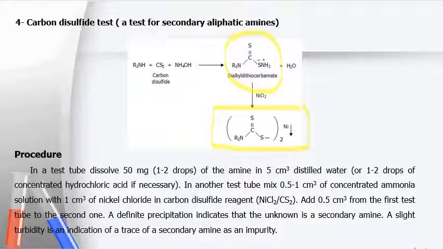Then we add 0.5 ml from the first test tube to the second one and mix. A different precipitate indicates that the unknown is a secondary amine. A slight turbidity is an indication of a trace of secondary amine as an impurity.